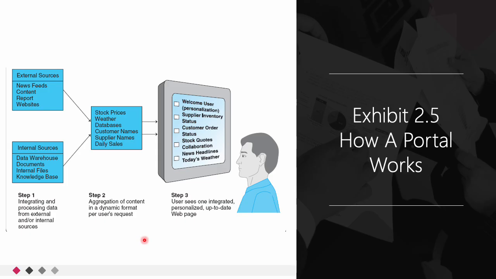And the second step is to mix and to prepare. It's also called data aggregation. Okay, the portal organizes data into a dynamic format based on the user needs. It shows you only what's relevant. Okay, and gives you also real-time updates, like stock prices or the weather refresh automatically, something like that.